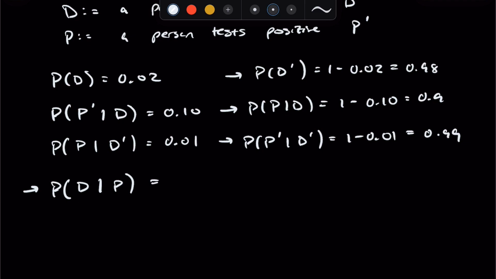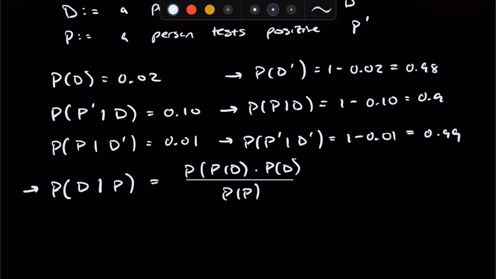This is equal to the probability of P given D times the probability of D, divided by the probability of P. This expression is simply the definition of Bayes' rule.